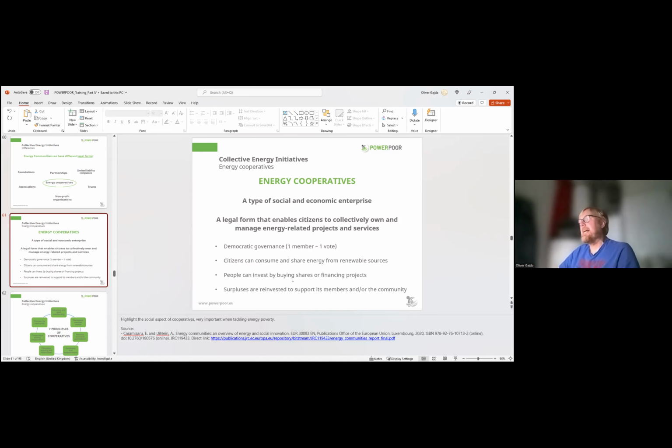And then the surplus is given back to the members, the community, or used to increase the activities. It's not in order to maximize shareholder value, as you might have in a private company, which is why this is also frequently used for joint activities. A cooperative with energy communities makes potentially more sense than a commercial company.